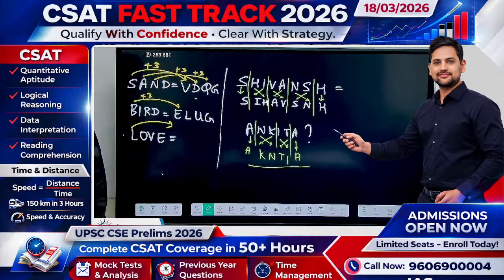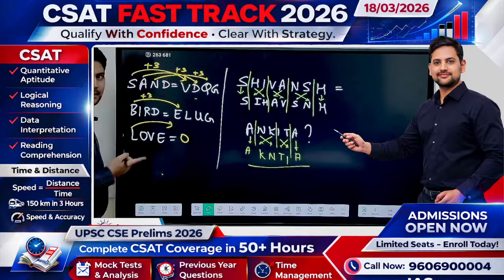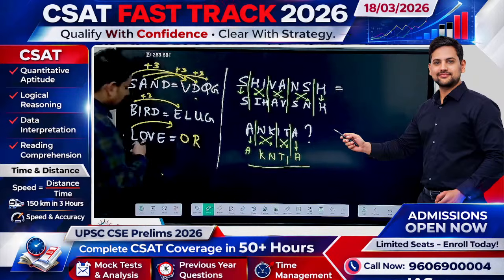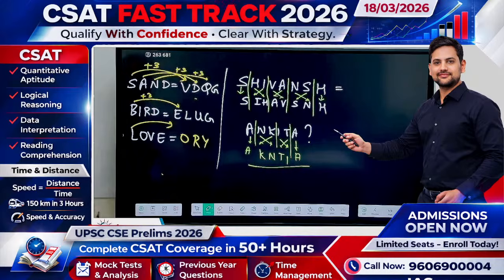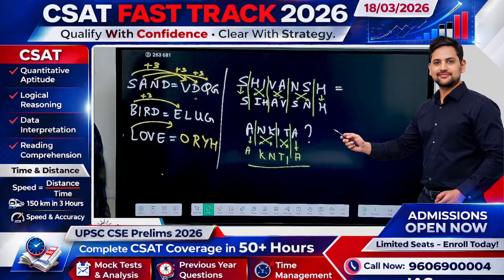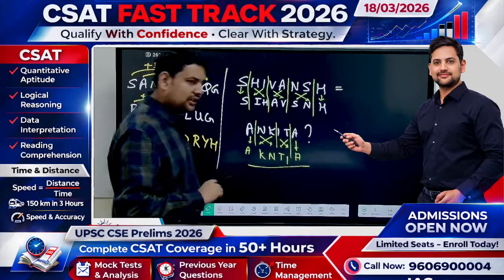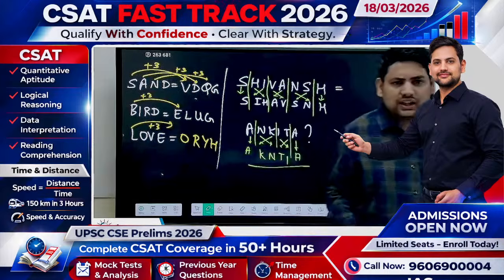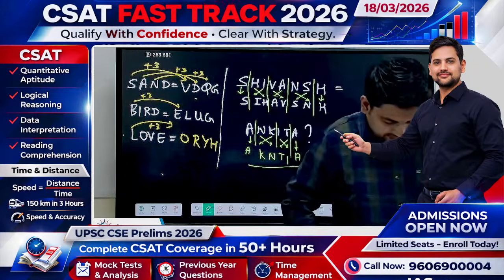So M and N leave O. Then P, Q leave R. Then E, F, G you left H. So this is also plus 3. If you go number-wise, or you can say it is leaving 2 letters and the next one is being written.